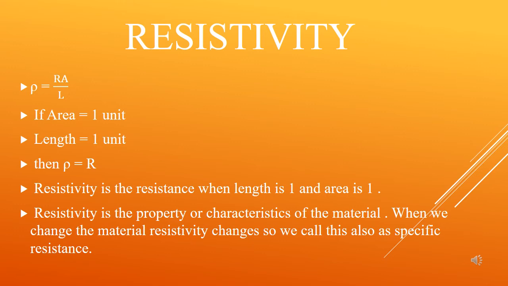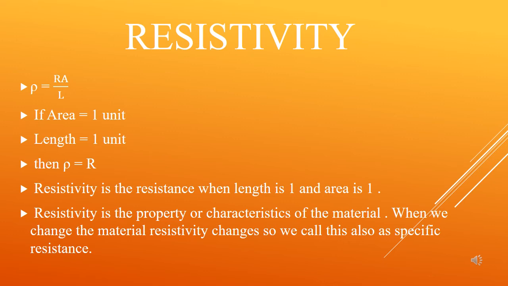When we use the word specific in physics, when any characteristic is related to a unit, then we use the word specific, like specific gravity, specific heat. So both are related to 1, 1 and 1. This is specific resistance.